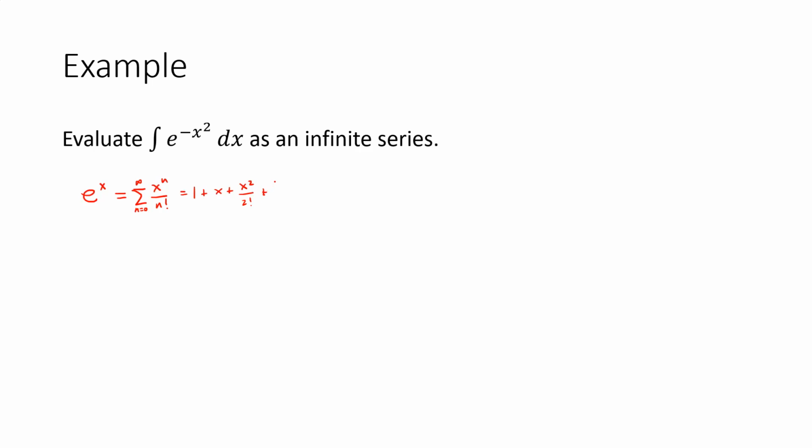So just to write out a few terms here. For e to the negative x squared, I can get the Taylor series just by substituting negative x squared in for x.